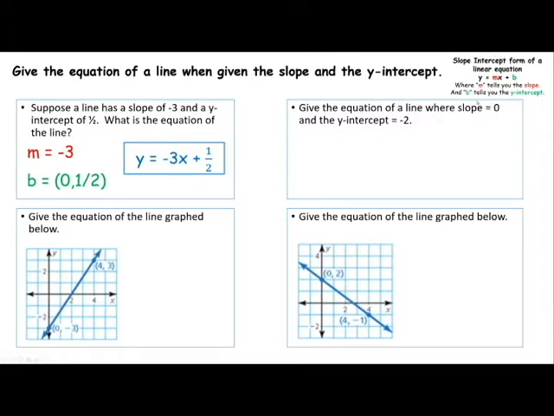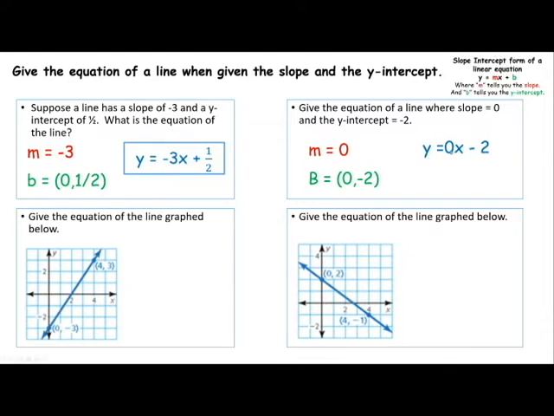Here's another example of that over here to the right. Give the equation of a line where the slope is 0 and the y-intercept is -2. Well, slope is 0. The y-intercept is the coordinate (0, -2). I'm just going to plug that into this y equals mx plus b pattern, and I get y equals 0x minus 2.